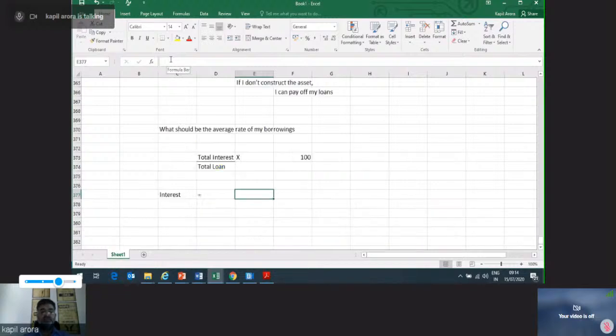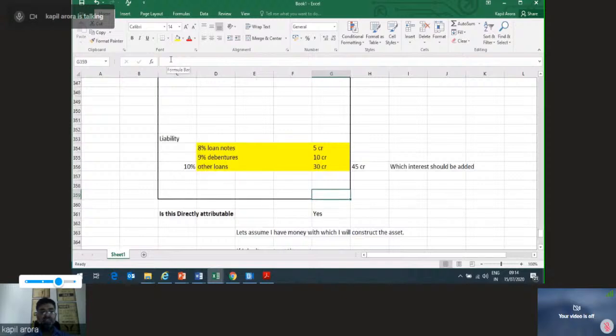8% into 5 crore, which is 40 lakhs. Then we have 9% on 10 crores, which is 90 lakhs.